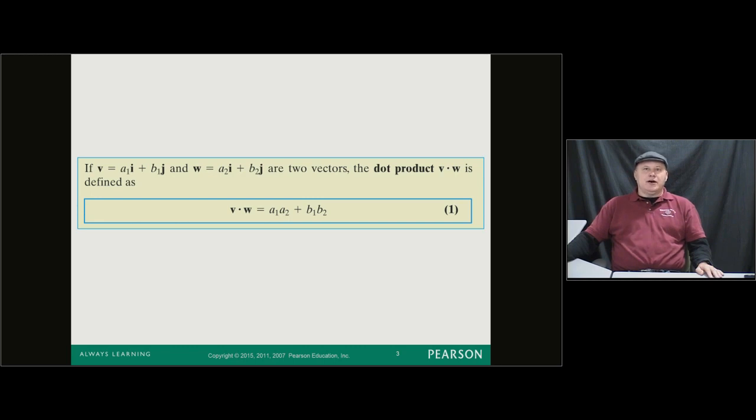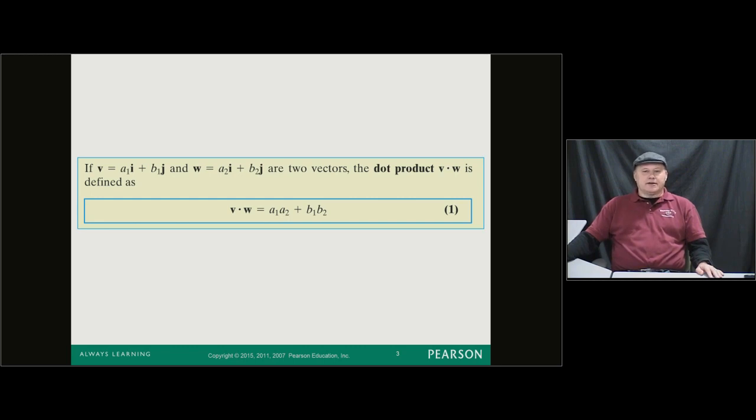Because when you get the dot product, pay close attention to this, the result is a scalar. If you remember, when you added two vectors, the result was a vector. When you subtracted two vectors, the result was a vector. When you multiplied a scalar times a vector, the result was a vector.